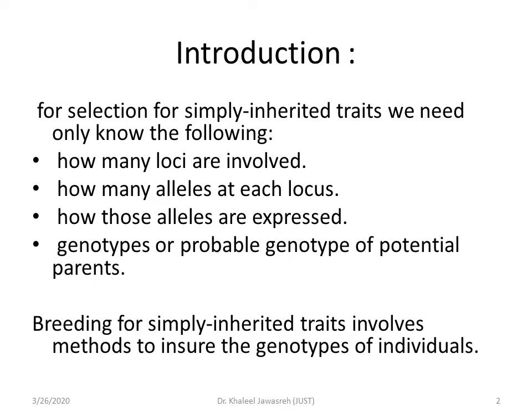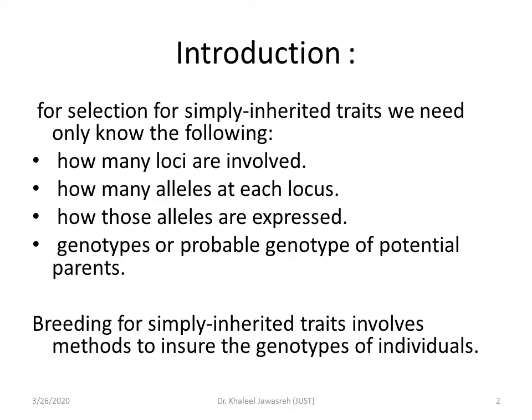This is an idea of how the expression should be considered. Why do we need this? Because if you understand the mode of inheritance, the alleles found or expressed in the individuals, and if you know the genotypes of the parents, I mean the dams and the sires, you can start the selection process.